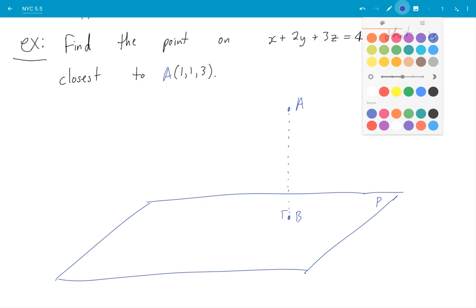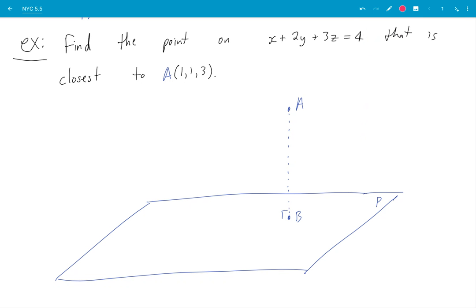So what I think I should do is look at this line that goes like that. Think about that line, right? And find the intersection of this line L and the plane P.